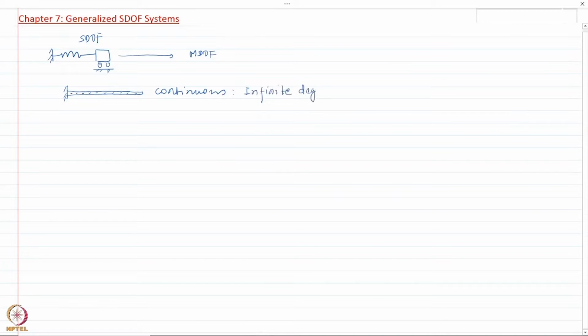Now it might be appropriate for some cases to analyze this using a single degree of freedom system, or for a more accurate representation, we might have to switch over to a multi-degree of freedom system.